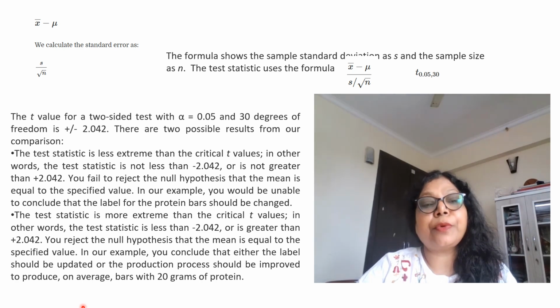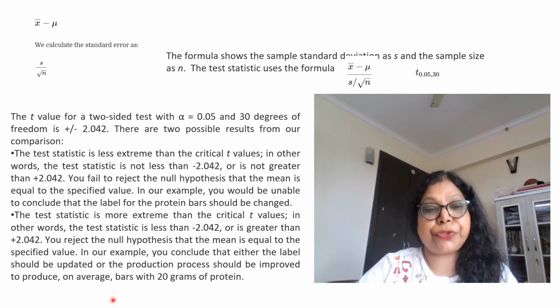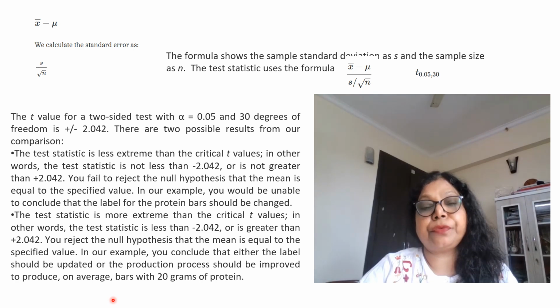So there are two possible results for our comparison. One is the test statistic is less extreme than the critical t-value. In other words, the test statistic is not less than minus 2.042 or not greater than plus 2.042. So we fail to reject the null hypothesis that the mean is equal to the specified value. In our example, we will be unable to conclude that the label for the protein bar should be changed.